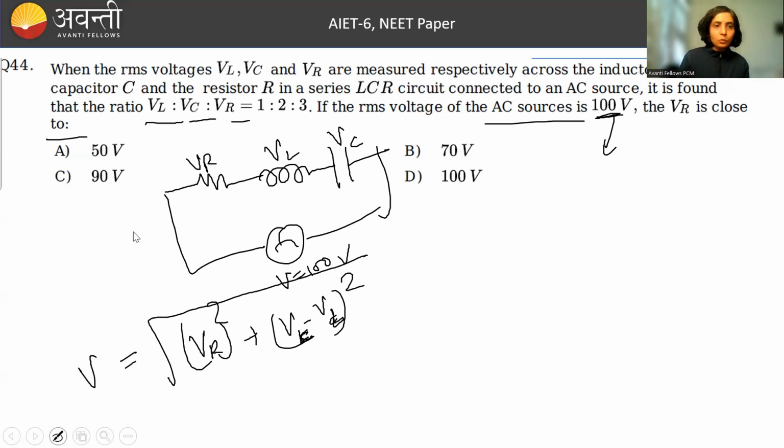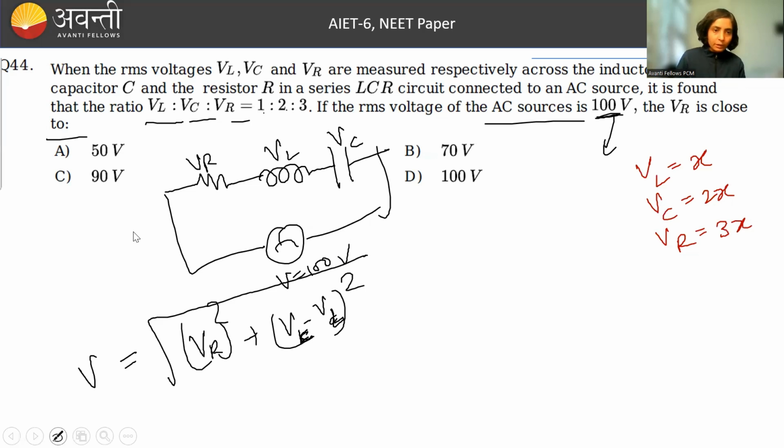Now VR is close to what, we have to calculate VR. So suppose 1:2:3 is the ratio. Let's say VL is equal to X. So if VL is equal to X, VC will become 2X and VR will become 3X.